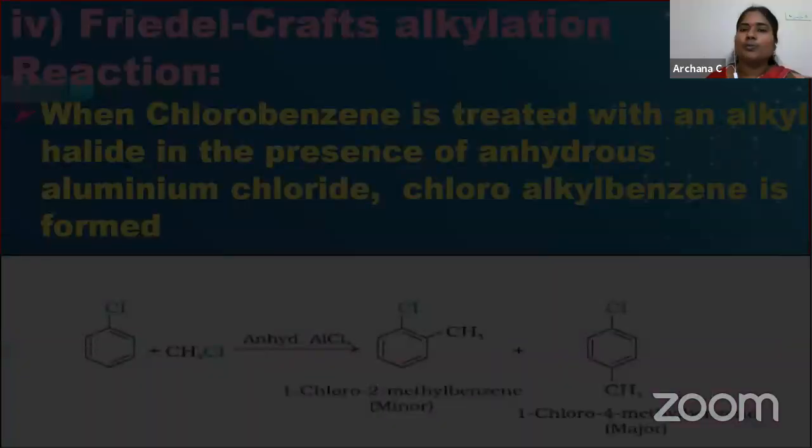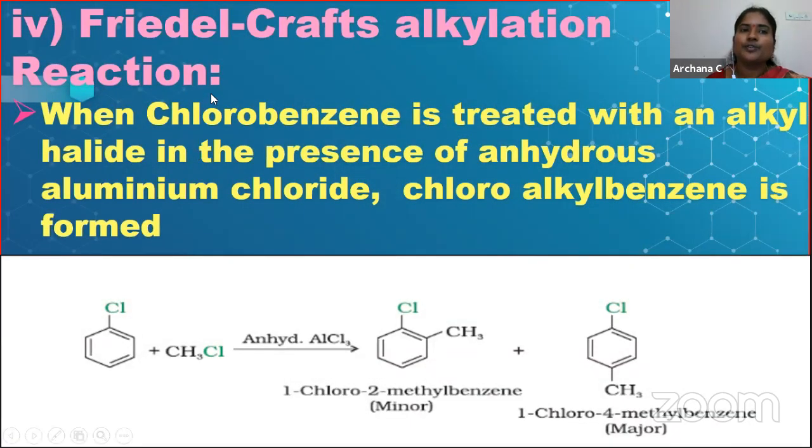Next one, a very important one from your examination point of view, the Friedel-Crafts alkylation reaction. This you also learn in your intermediate first year. So what is meant by Friedel-Crafts alkylation? When chlorobenzene is treated with an alkyl halide in presence of anhydrous aluminum chloride, what products do you get here? 1-chloro-2-methylbenzene.